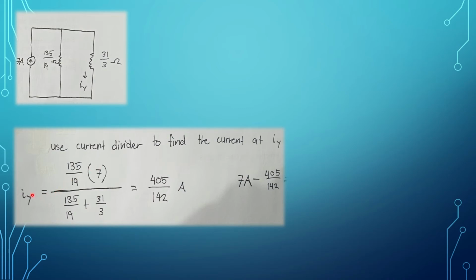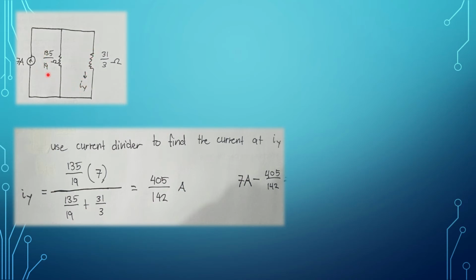We now know that we have 7 amperes running through our entire circuit. So we simply use current divider. We take the resistance value opposite to the current that we want to get. So 135 over 19, we make that our numerator if you want to look for the current here.